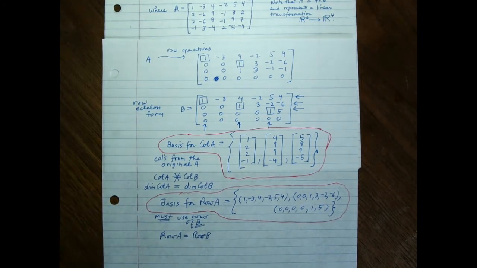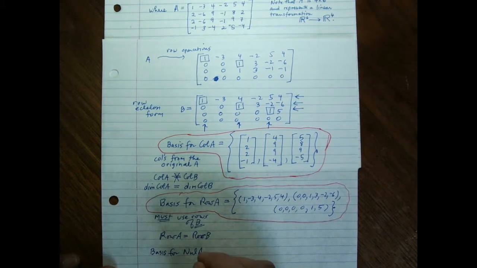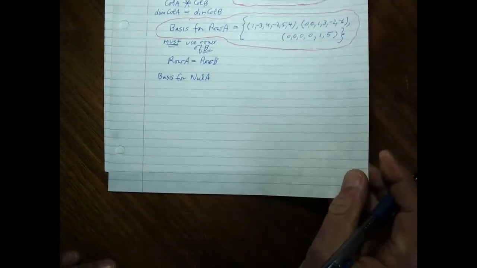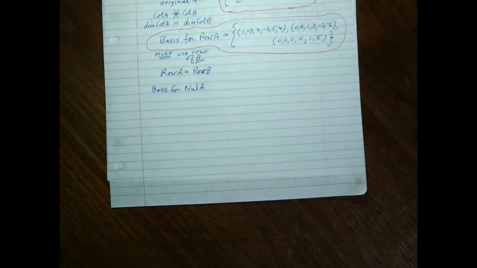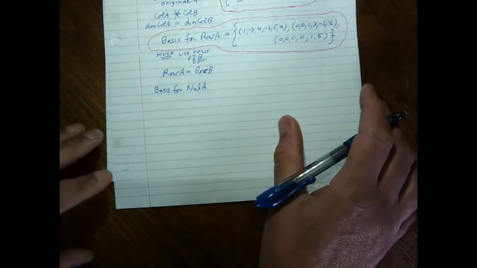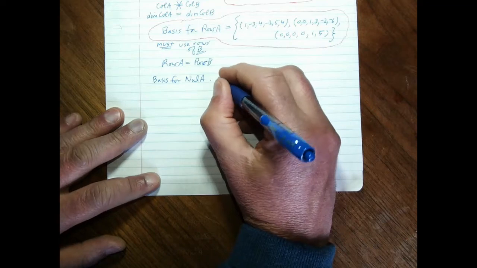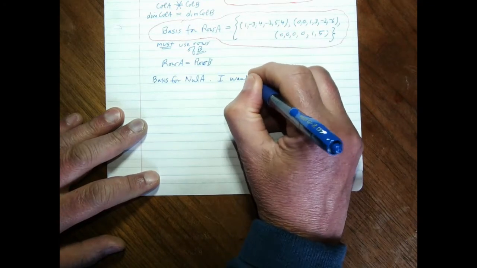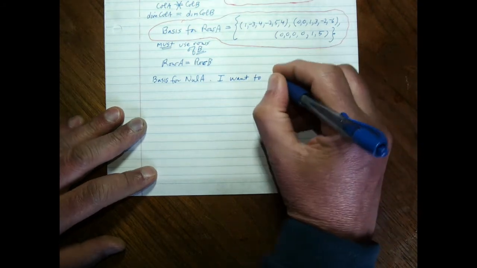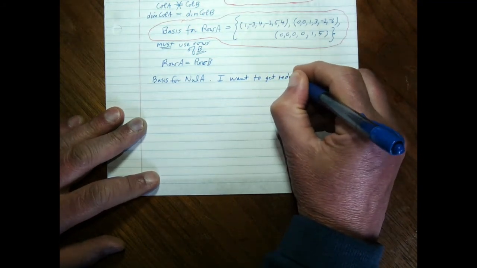And now we still have to find the basis for the null space. And in order to find the basis for the null space, I want to get reduced row echelon form.